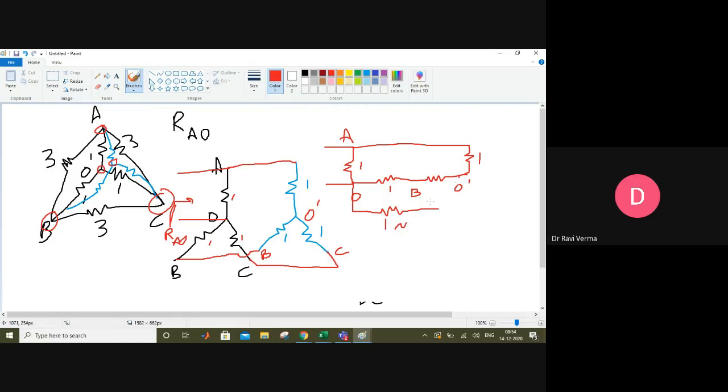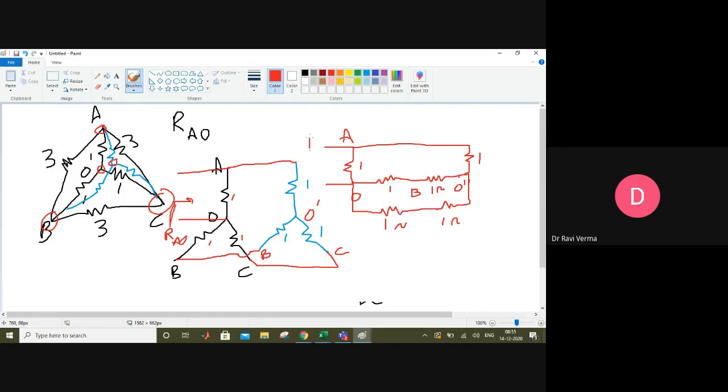C to O dash is also 1 ohm. B to O dash 1 ohm. Please check, everything is okay. We have covered all the points.